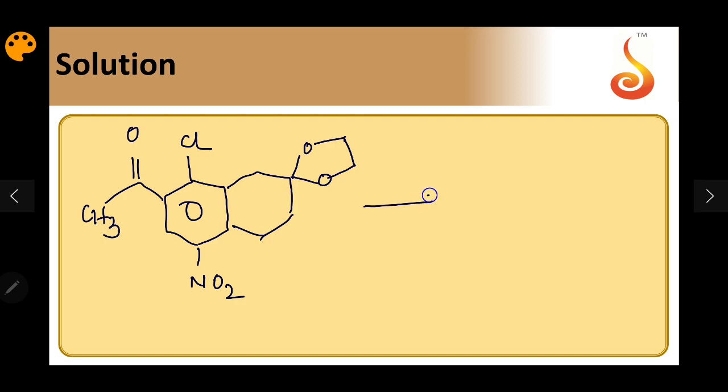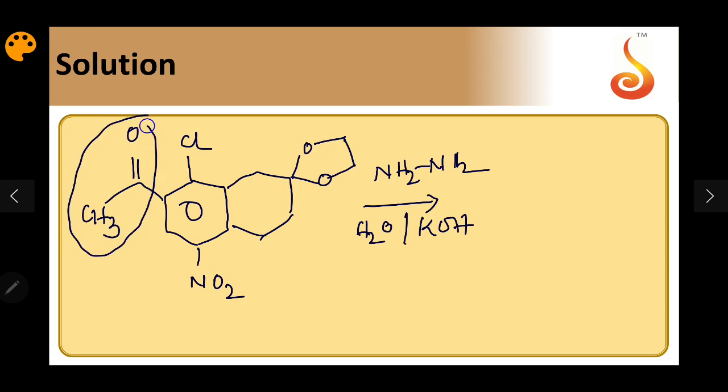So we know that NH2NH2 and KOH is Wolff-Kishner reduction, and Wolff-Kishner reduction is reduction of carbonyl group to CH2 group, direct reduction of aldehydes and ketones to corresponding hydrocarbons. So definitely this ketone group will be reduced to CH2CH3.